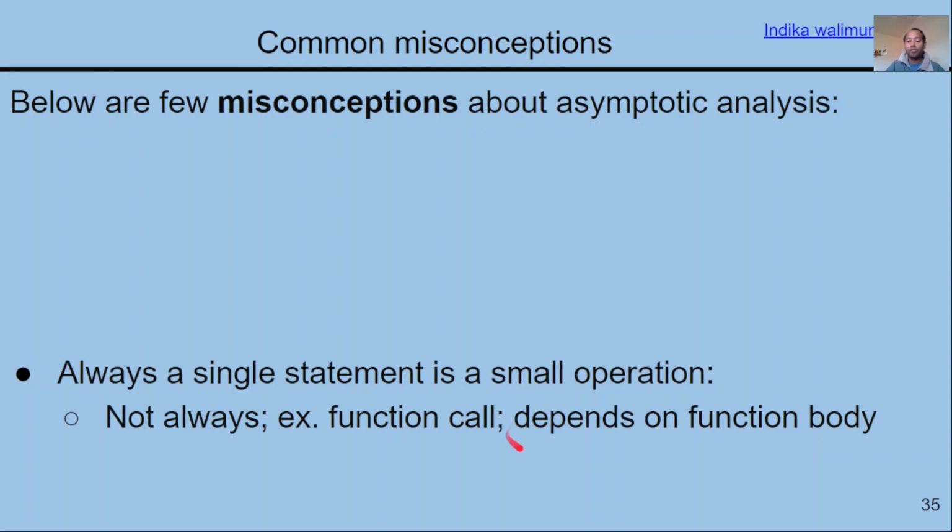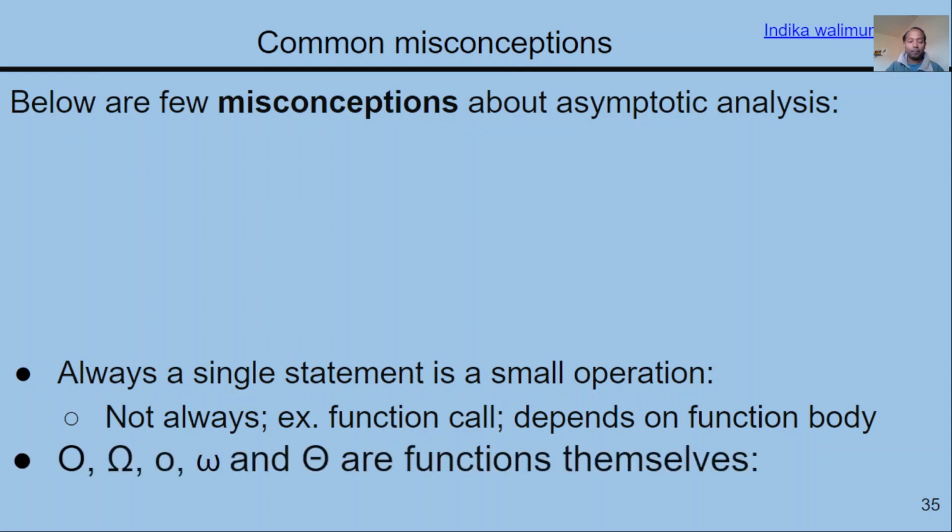But if the function body has multiple simple operations, then we cannot say it's a simple operation, even though the function call is a single statement. So just because there is a single line of code doesn't mean it's a small operation.